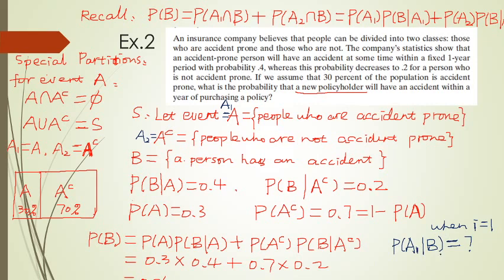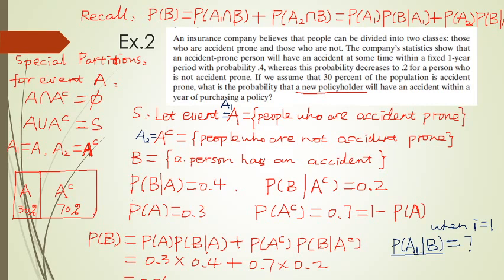So this one means a person. How can we understand this conditional probability? Let's check that. Given the condition that a new policyholder has already had an accident, we know this person belongs to the accident-prone type with some probability, right?